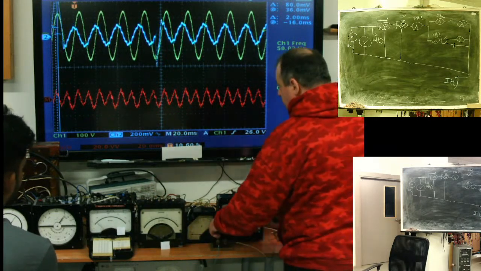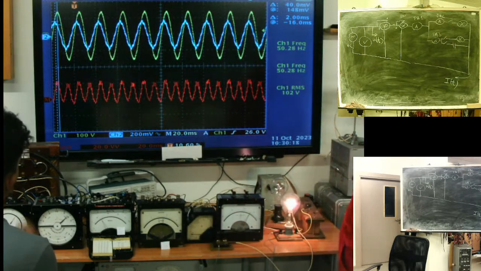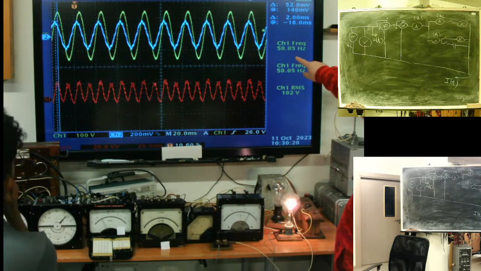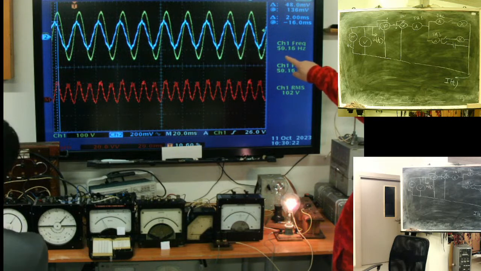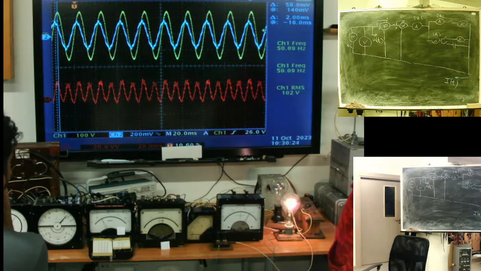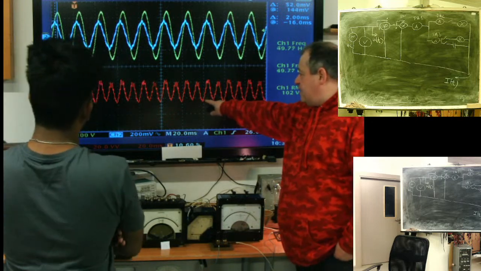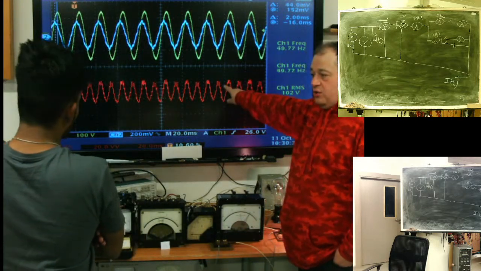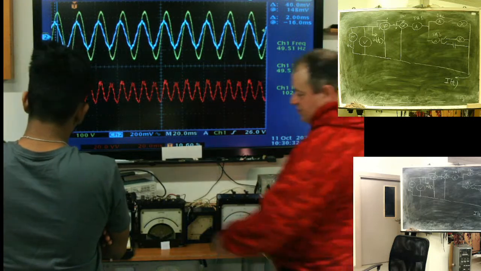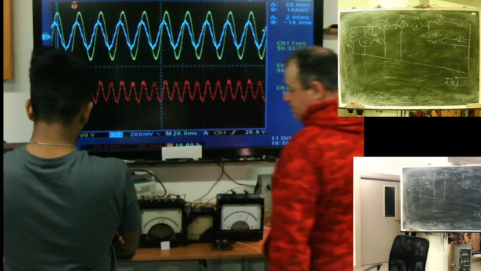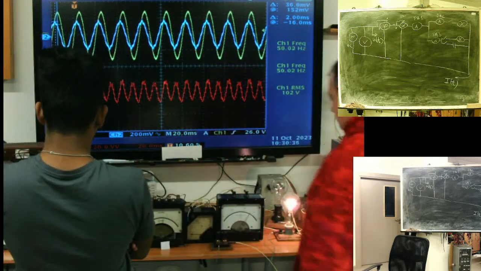If we apply both, current is shifted relative to voltage. Power, something goes negative, but overall it will be positive. You can see it's positive.